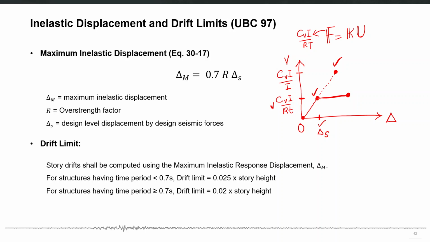But here you have seen that your intention was that your structure yields at this point and the displacement after yield will still be increasing. Your analysis will be giving you this number delta S because it is a static analysis against reduced forces. So you will be getting this delta S as a result of that static analysis.